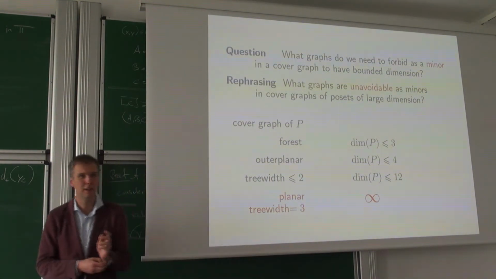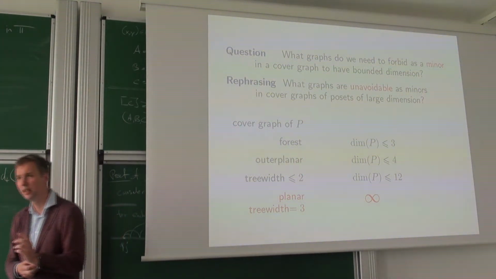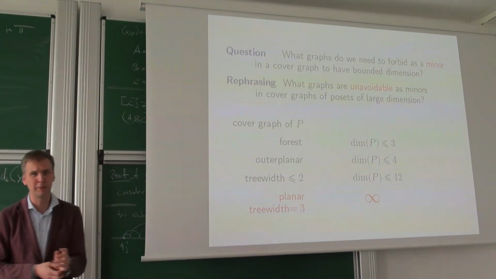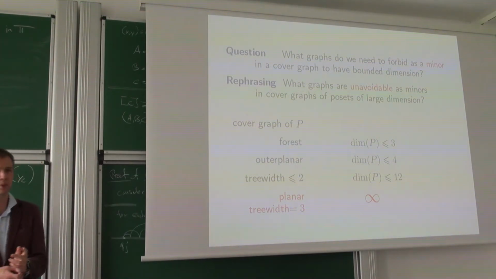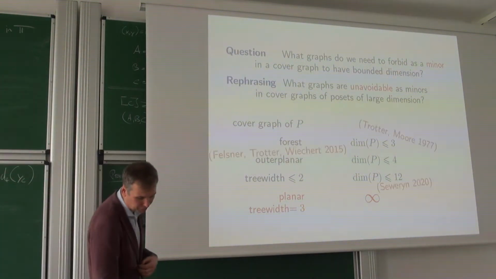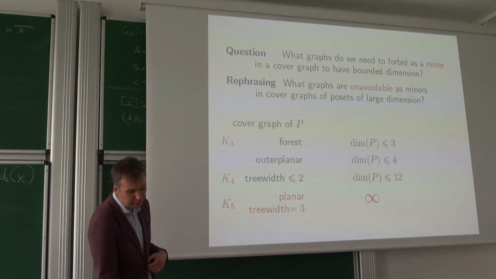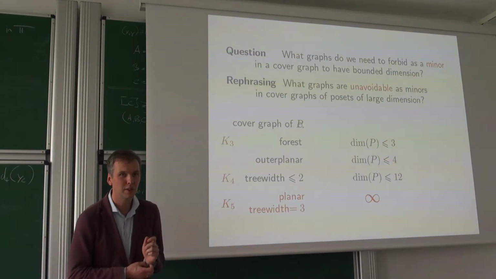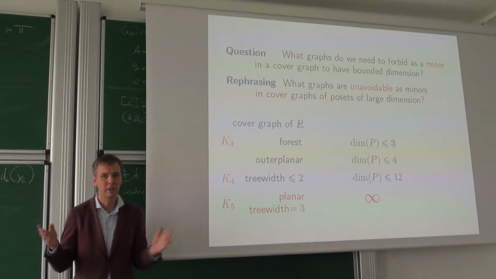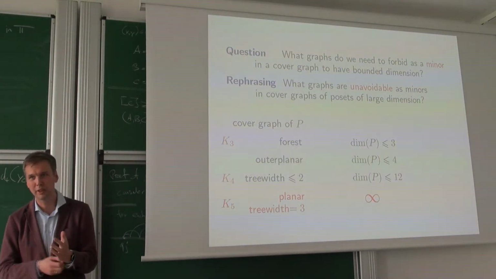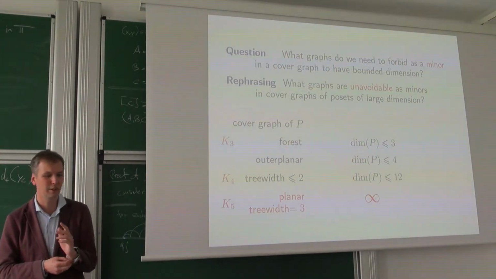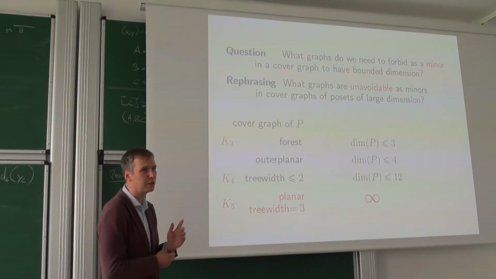When it's planar, it could be unbounded, even when you tell me that the treewidth is 3, because of the Kelly example. So K3 is forced. If we have large dimension, K3 as a minor is forced. You need to have a cycle in a cover graph. K4 is actually also forced.